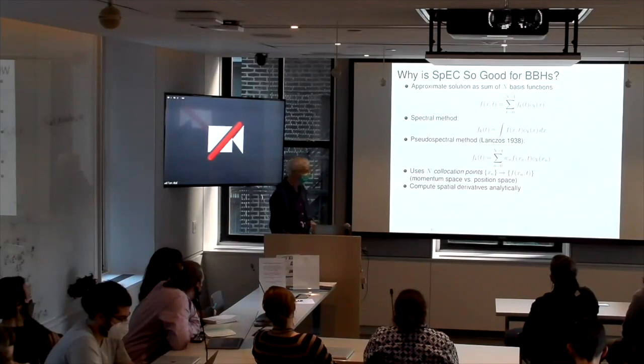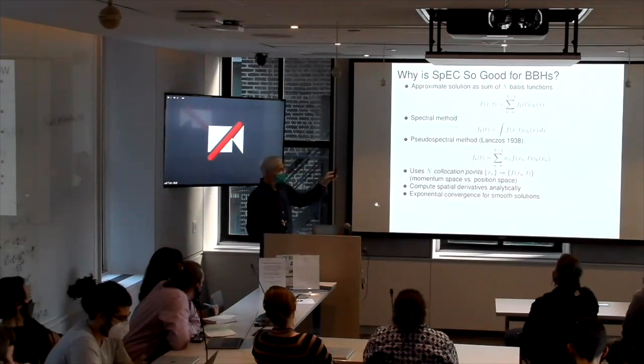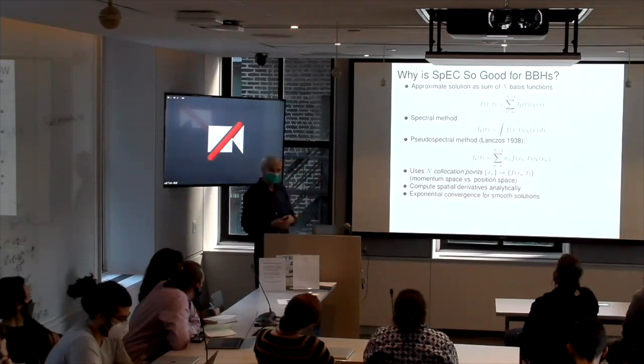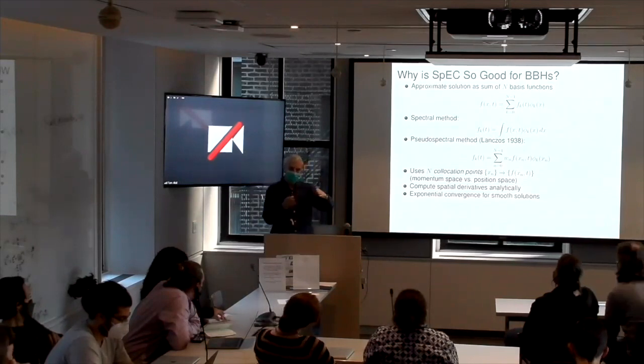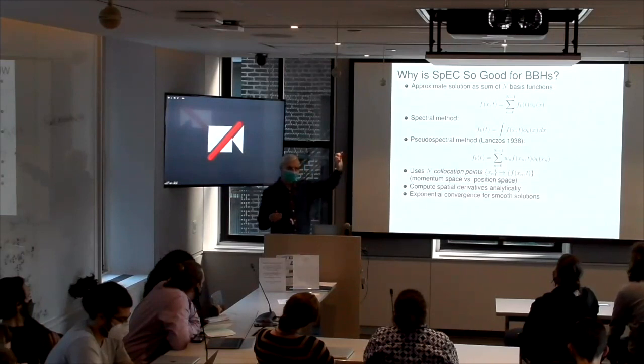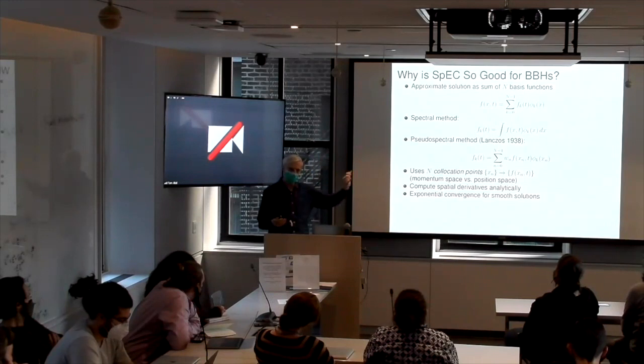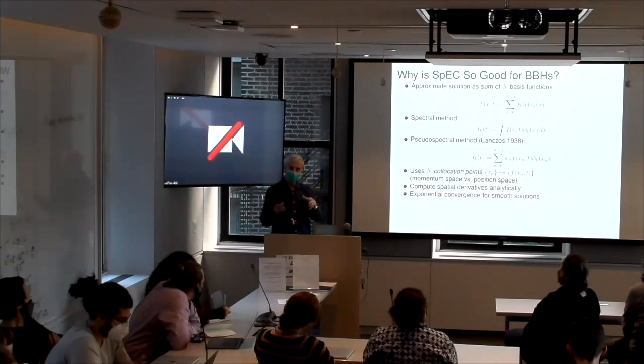And the advantage of this is, as you get to large N, the convergence of the method is exponential. So exponential here means faster than any power law, any power of N. So you're used to having a second order finite difference method, meaning the errors go down as 1 over N squared.